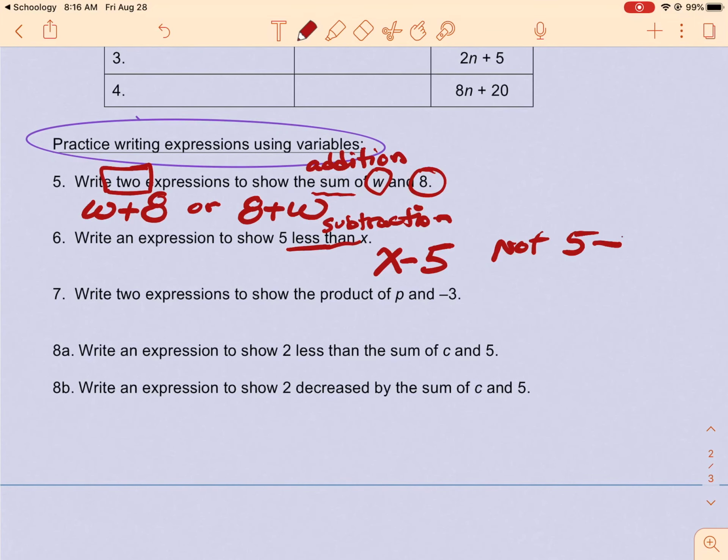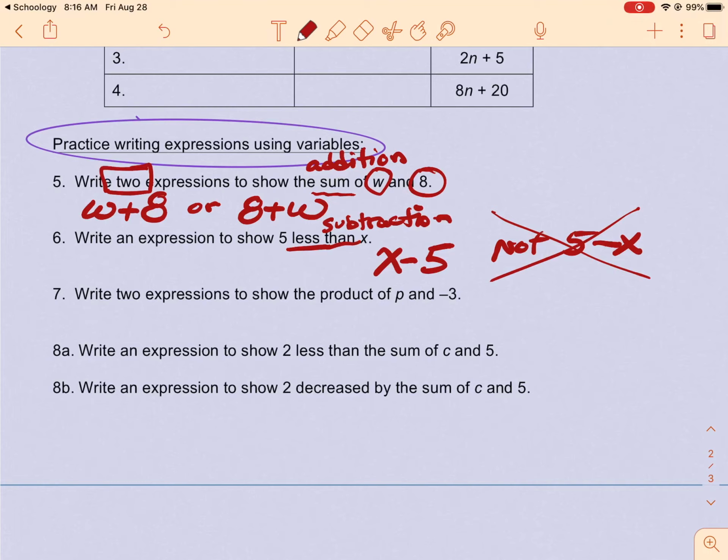Not 5 minus x. Because it's saying 5 less than x. If I were to tell you that you had $2 less than me, and I have $10, you wouldn't do 2 minus 10, you would do 10 minus 2. You would have $8, 2 less than my $10.